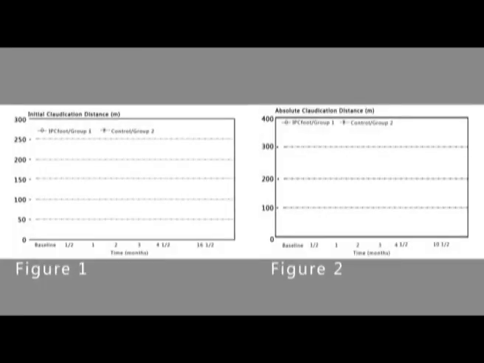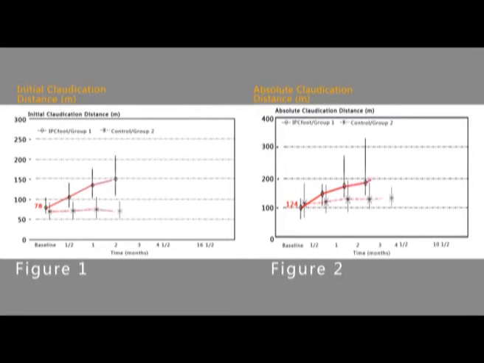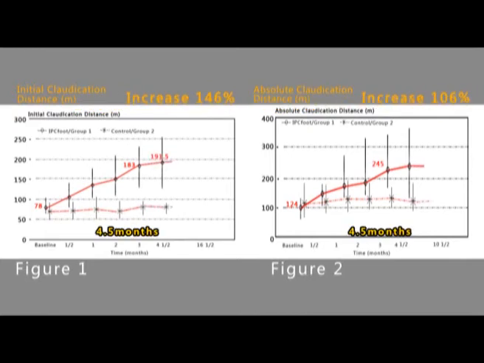Figure 1 and Figure 2 show that the indexes reflecting the walking ability of patients, initial claudication distance and absolute claudication distance, in patients with the use of 4.5 months, respectively increased by 146% and 106%.